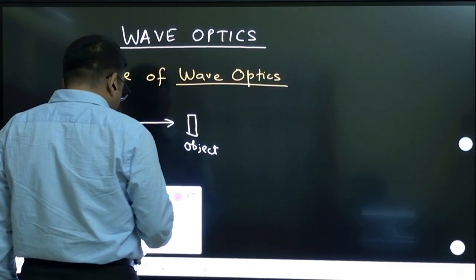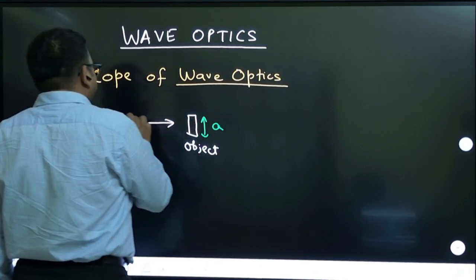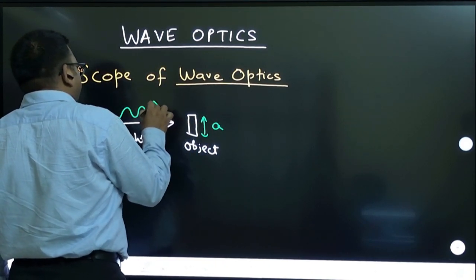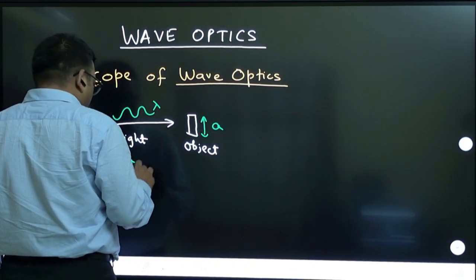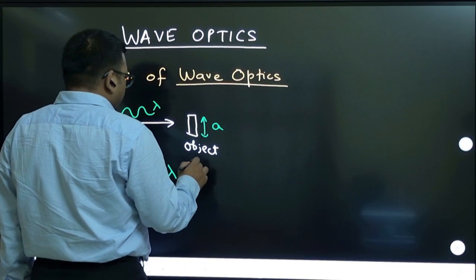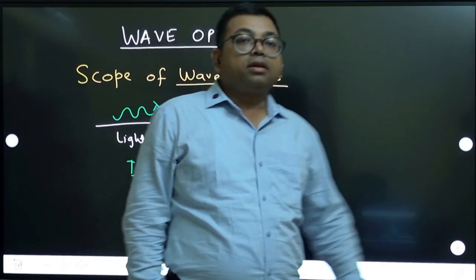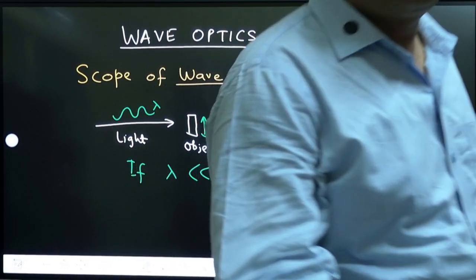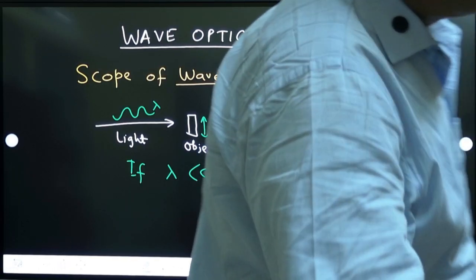Let us consider that the size of this object is a, and light has wavelength lambda. If the wavelength is much smaller than the size of the object, in that case we consider only the ray optics phenomena which we have discussed previously, right?